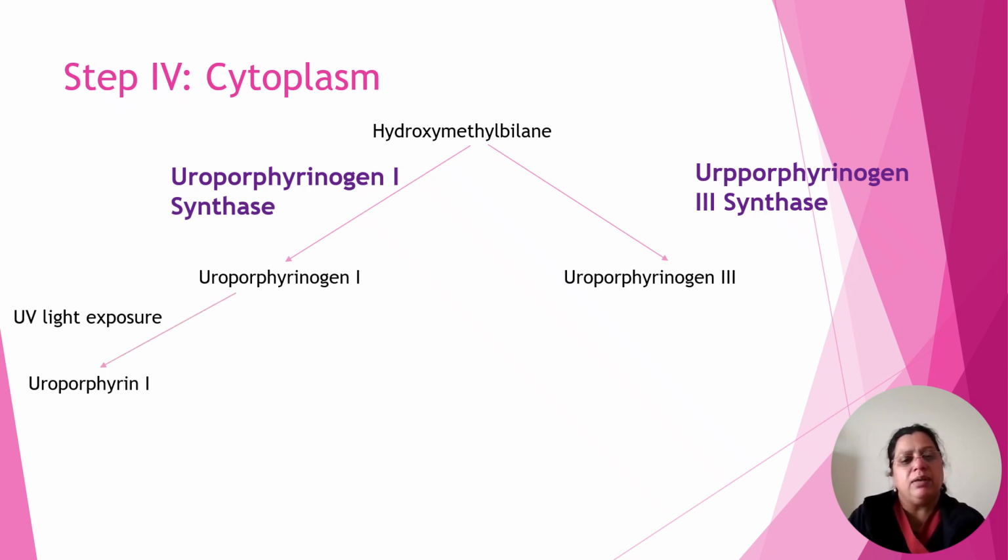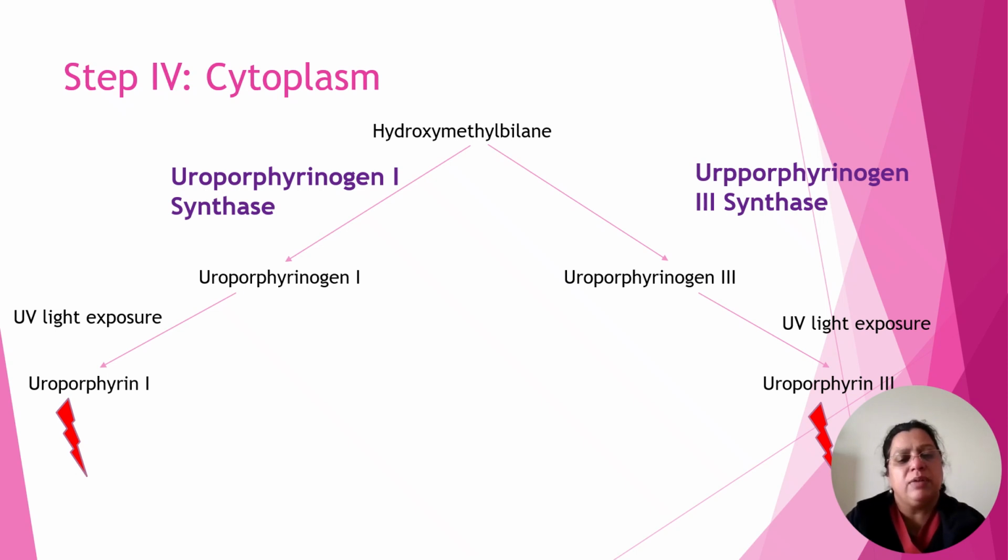So whenever the patient is exposed to ultraviolet light, this inactive uroporphyrinogen 1 will get activated and will get converted to uroporphyrin 1, and it will cause photosensitivity symptoms. Similarly, UV exposure for uroporphyrinogen 3 will lead to formation of uroporphyrin, and they both will lead to photosensitivity. Now during normal metabolism, both uroporphyrinogen 1 and uroporphyrinogen 3 are excreted in urine in some amount.